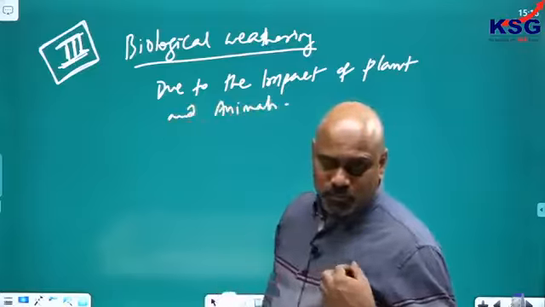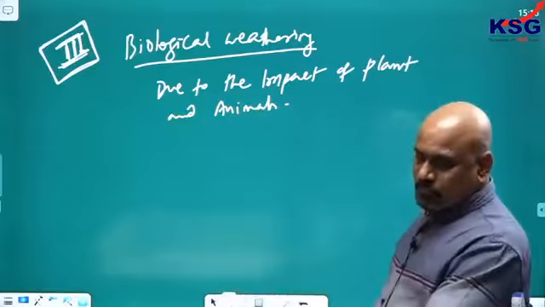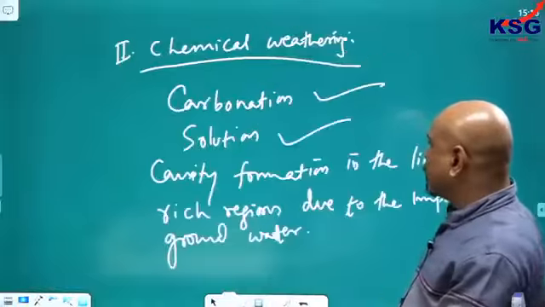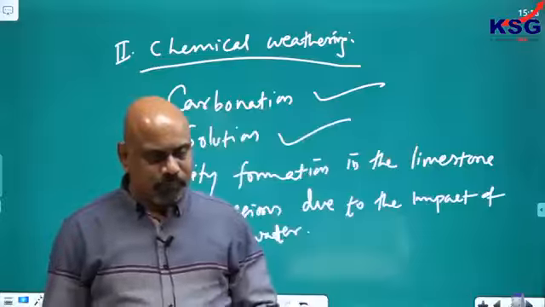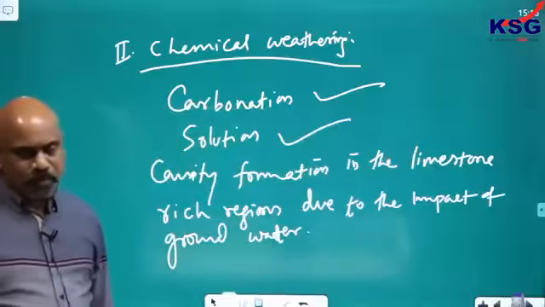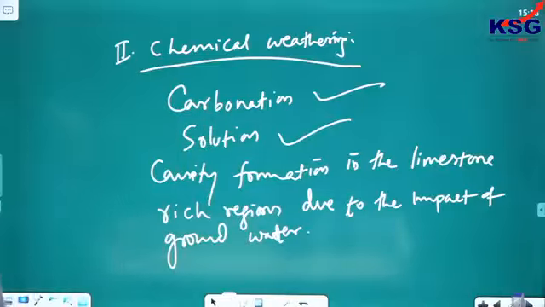Plant, like this one, you need the previous slide. Okay, you got it now. Please note it down. Is it clear? Cavity formation in the limestone rich regions due to the impact of groundwater, I have said.